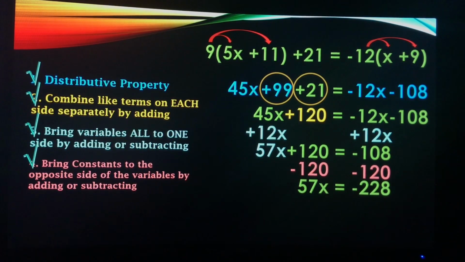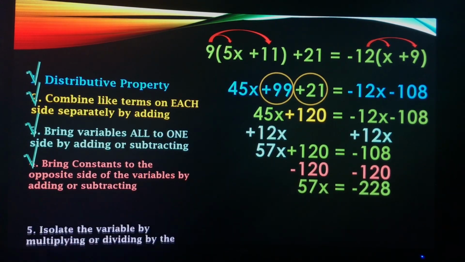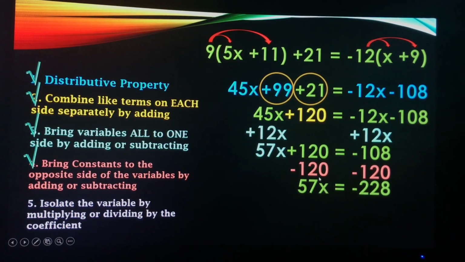Now, a lot of students often look at numbers like this that are very big and say, oh my gosh, I did something wrong, or those two numbers don't divide by each other. Before you make that assumption, go to step 5. Let's get this variable by itself. I know I'm going to have to divide by 57 because there's multiplication happening here.